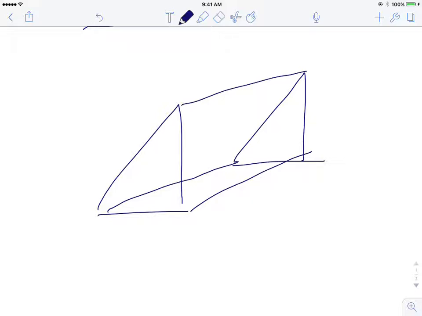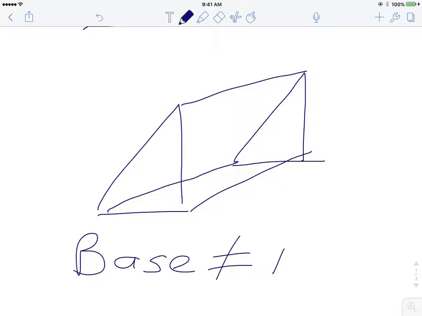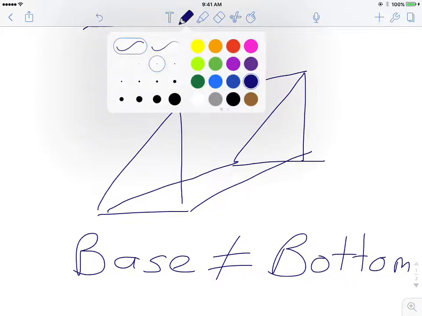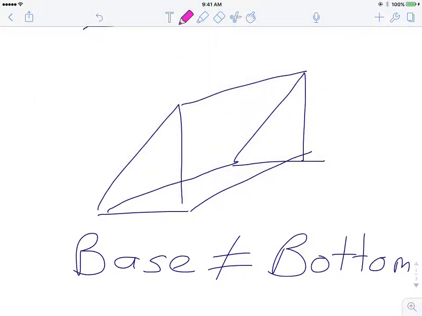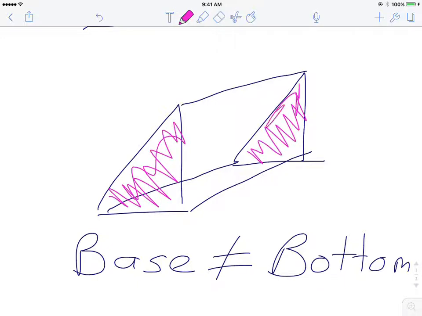Note that the base is not the bottom. In the picture that I just drew, we have our triangles, but they are on the sides. The base instead refers to the non-rectangular polygon that is parallel to itself in your 3D figure.